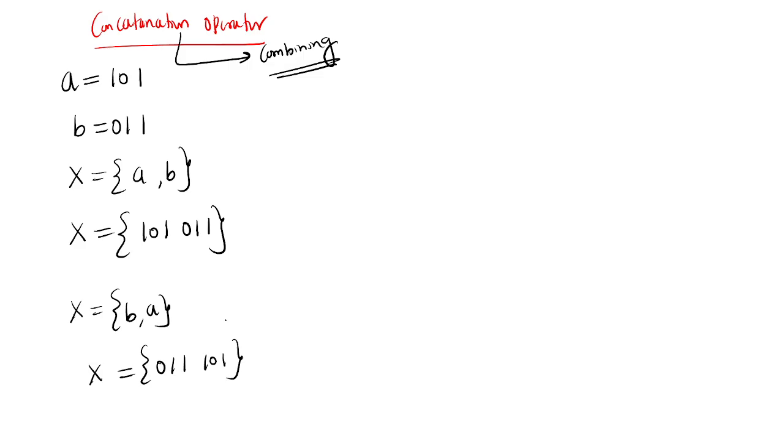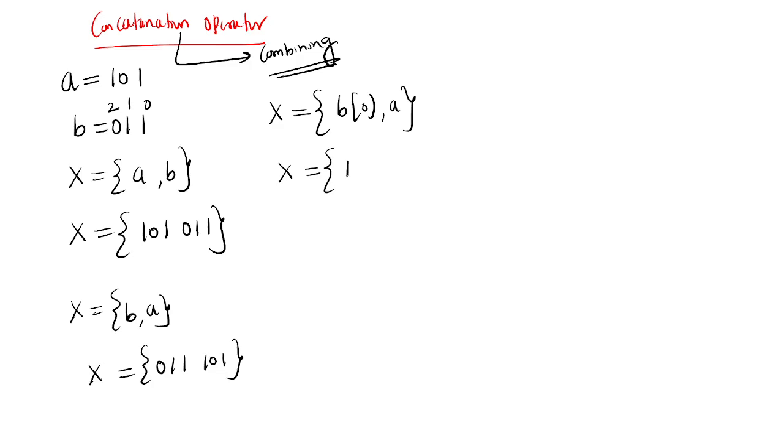And I can concatenate with 1 bit also. Suppose you can write x equal to b of 0 comma a. This is the index 0 1 2. That means I'm concatenating the LSB bit of b. What is the LSB bit of b?